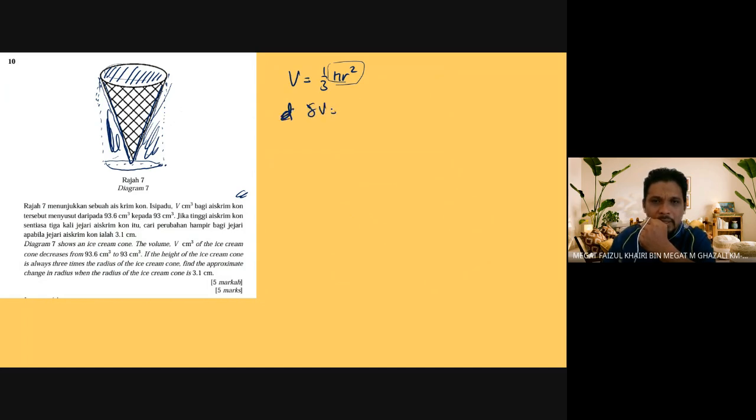Delta V decreases from 93.6 to 93 cubic centimeters, so 93 minus 93.6 is negative 0.6 cubic centimeters. It is decreasing, it is shrinking.